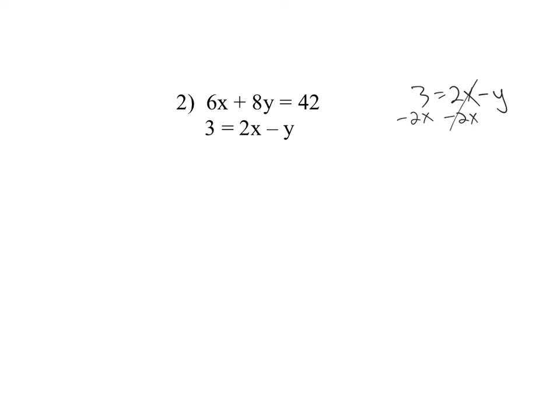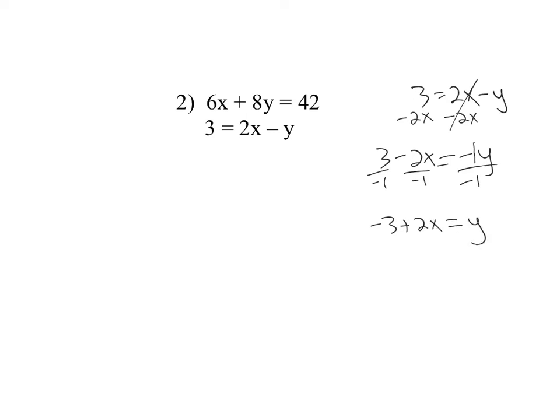So it's going to cancel out over here, and I'm left with negative y. Over here I have 3 minus 2x. And then really I want to get rid of this negative sign in front of my y, which really is a negative 1. So I'm dividing everything by negative 1 here. So I end up with negative 3 plus 2x is equal to y.